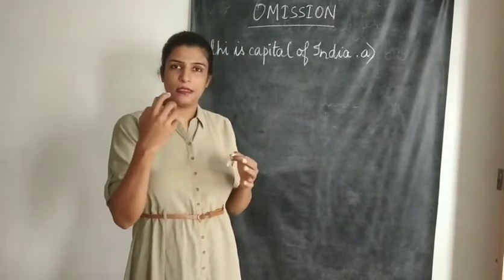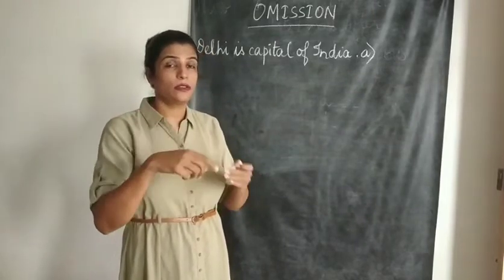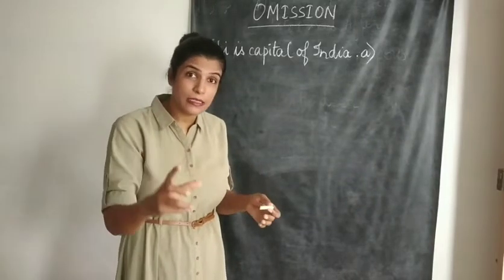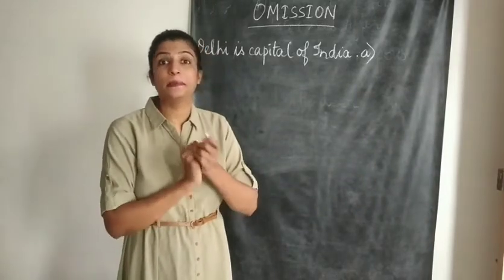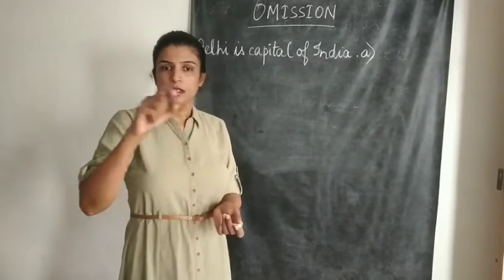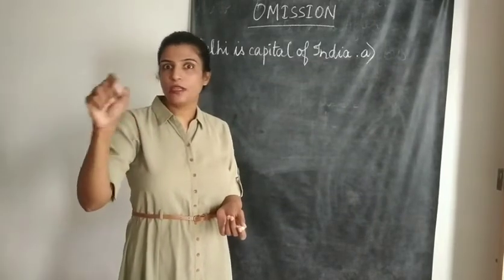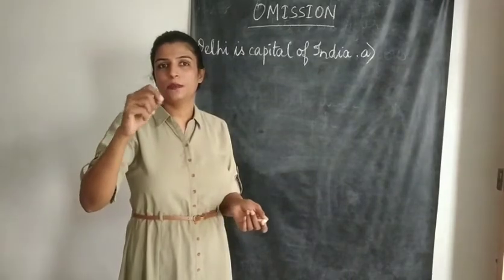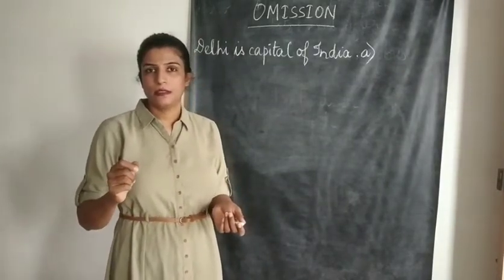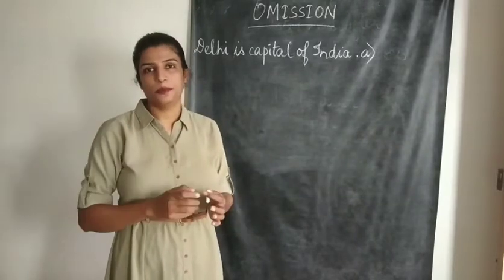As I said for editing also, continuously read your part of the sentence, or the sentence, to understand where the word is missing in omission. In your instructions also it will be given that there is a word missing in each part of the sentences. So you have to write the word.